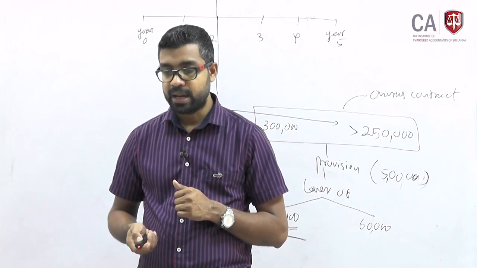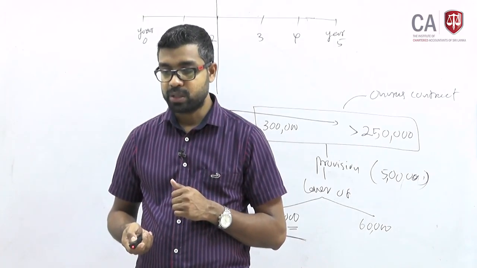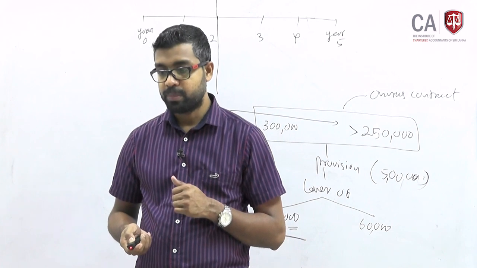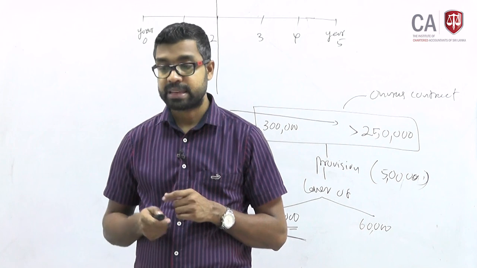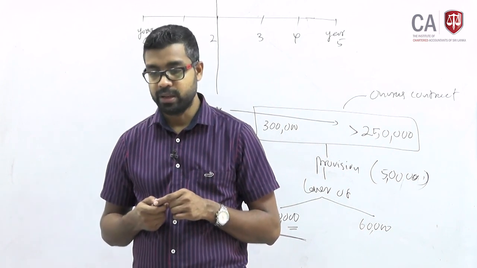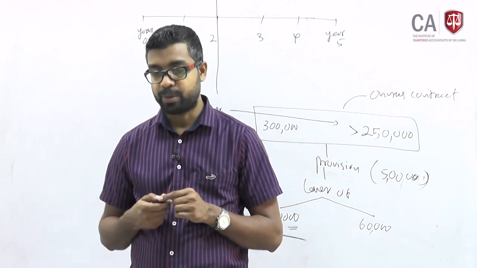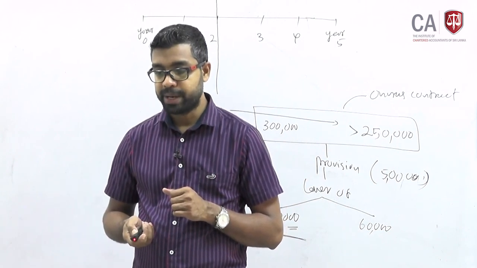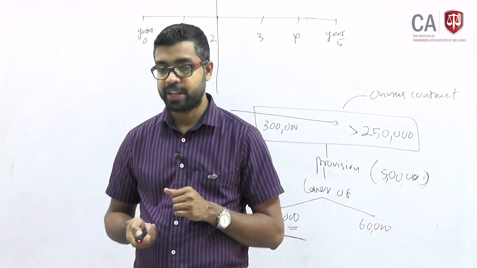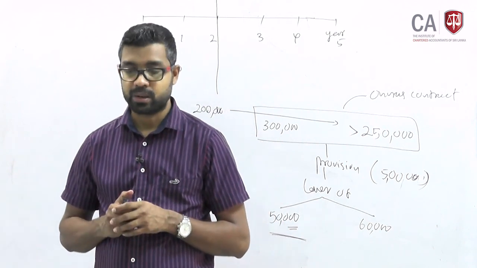The lawyers have advised that the most probable outcome is that it will have to pay 3,000. So the answer is what? You have to make a provision for 3,000. The question is what amount the company includes in provision in its financial statements? Simple, $3,000.